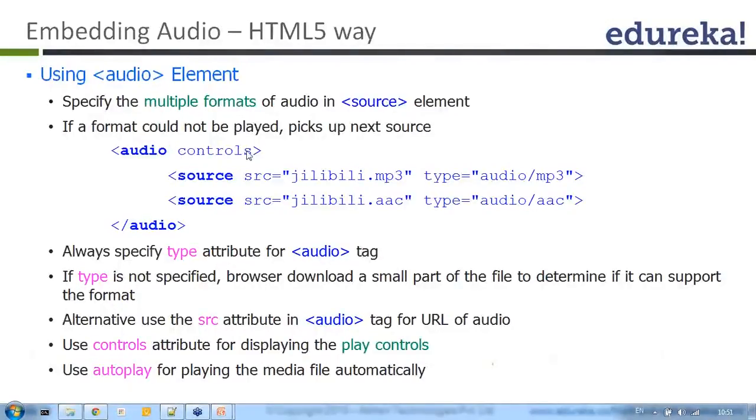When you define the controls, that's when the player controls are displayed. Player controls mean things like pausing the audio, playing the audio, like what you see on a regular tape recorder, CD player, or music player. Basically, those player controls.